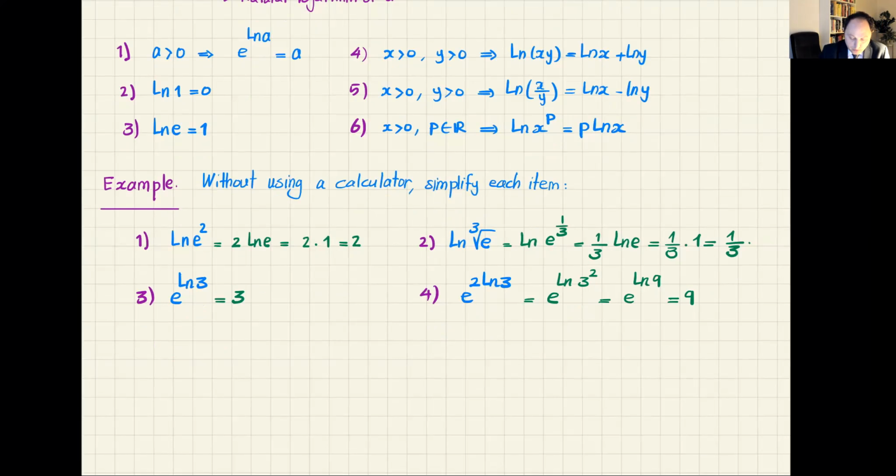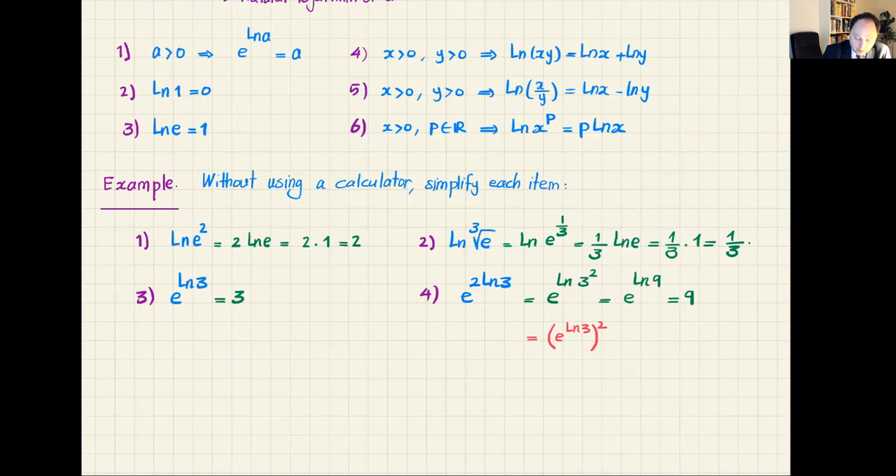Another way that's also instructive, so let me change the color. You can write this one as e to power ln of 3, and then raise it to power 2. Why is this true?